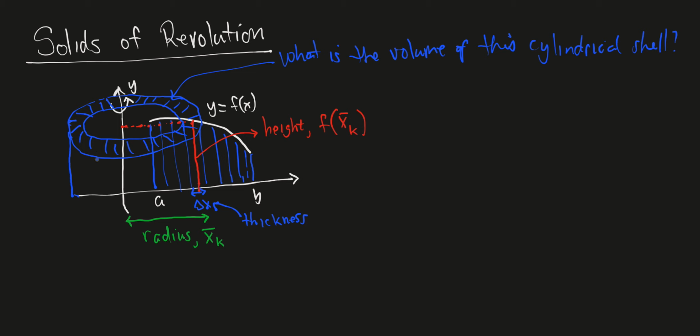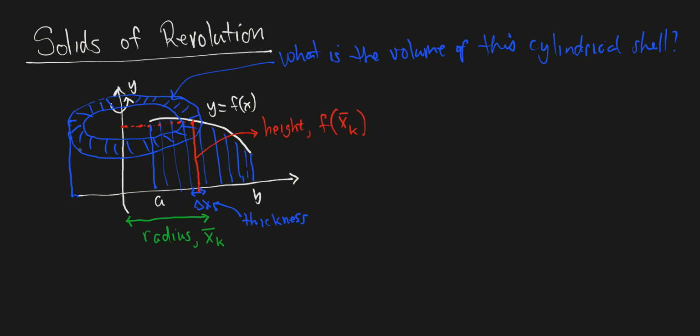If we knew the distance all the way around, multiplied by its height as well as the thickness of the shell, that would give me its volume, right? So we need to figure out what is the distance that's going all the way around.